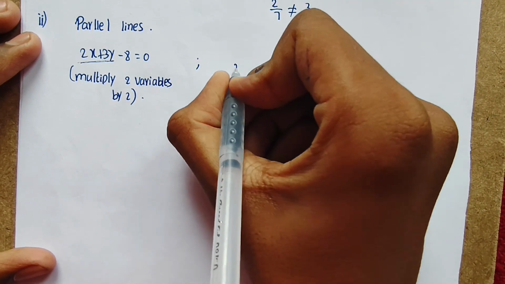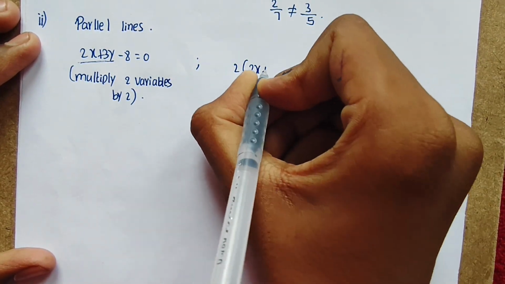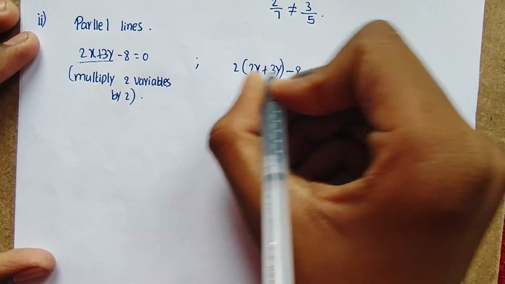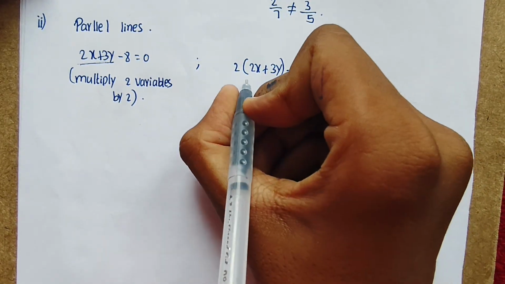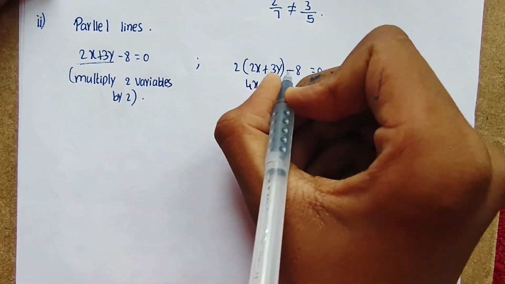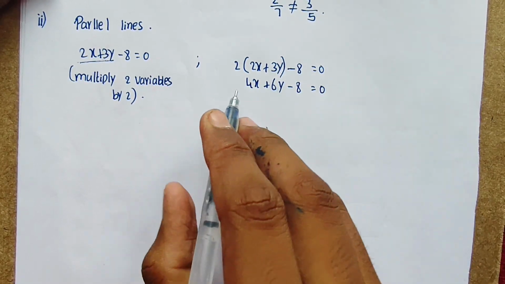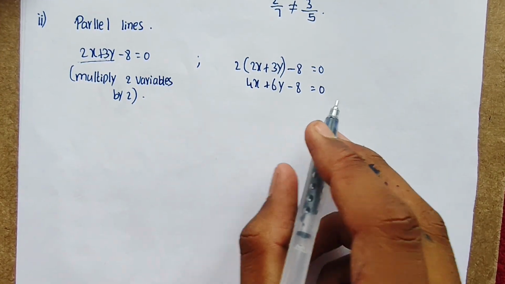We get 2 of (2x plus 3y minus 8) equals 0. 2 twos are 4, so 4x, plus 2 into 3y, 6y, minus 16 equals 0. This is the second linear equation.